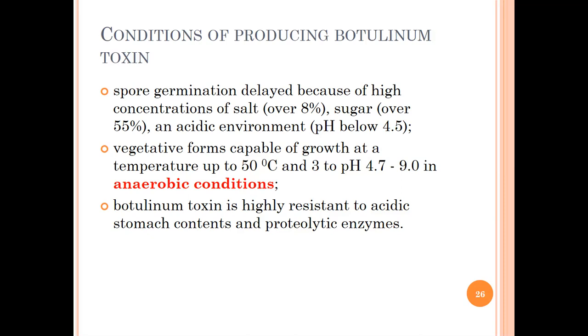But keep in mind that Clostridium botulinum is an anaerobic bacterium, and the lack of oxygen is necessary for vegetation from spores to bacteria. It grows up to 50 degrees Celsius in a pH range between 4.7 and 9 in anaerobic conditions. I should emphasize again, Clostridium botulinum is an anaerobic bacterium.